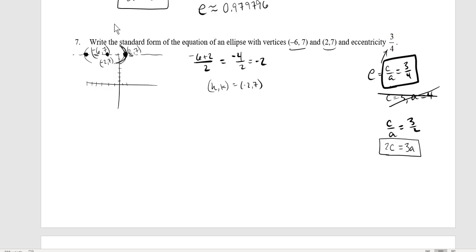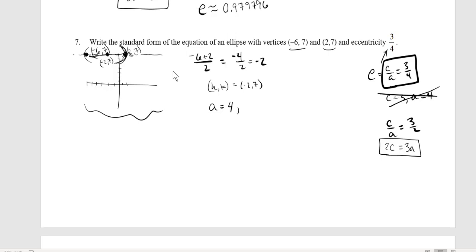Keep in mind from this little picture that I've drawn over here, we also know that A equals the distance from the center out to either one of these vertices. Now you could do a little math there or just look at it and count units. That's going to be 4. Right? A is 4 units from the center out to each vertex.